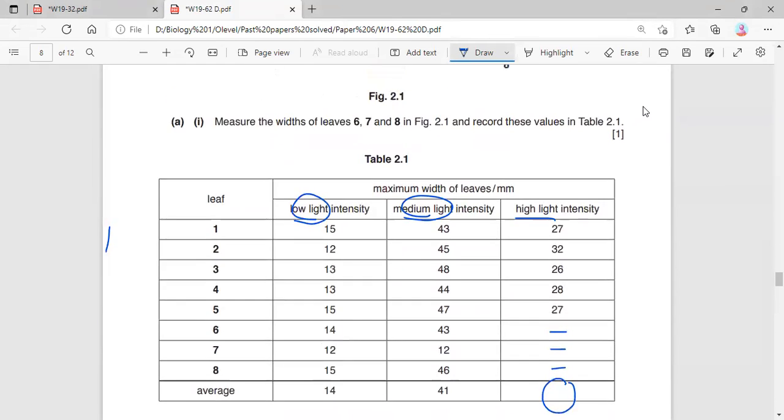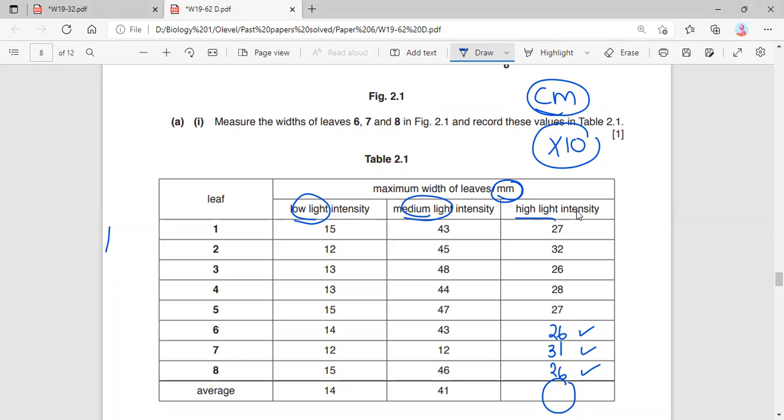Of course, take care of the unit. When you measure with your ruler, you are measuring in centimeter, but here he wants it in millimeters. So you have to multiply by 10. You will put the 3 numbers here, and then you will calculate an average. So the 3 numbers here will be around, after you measure them, 26, 31, and 26.